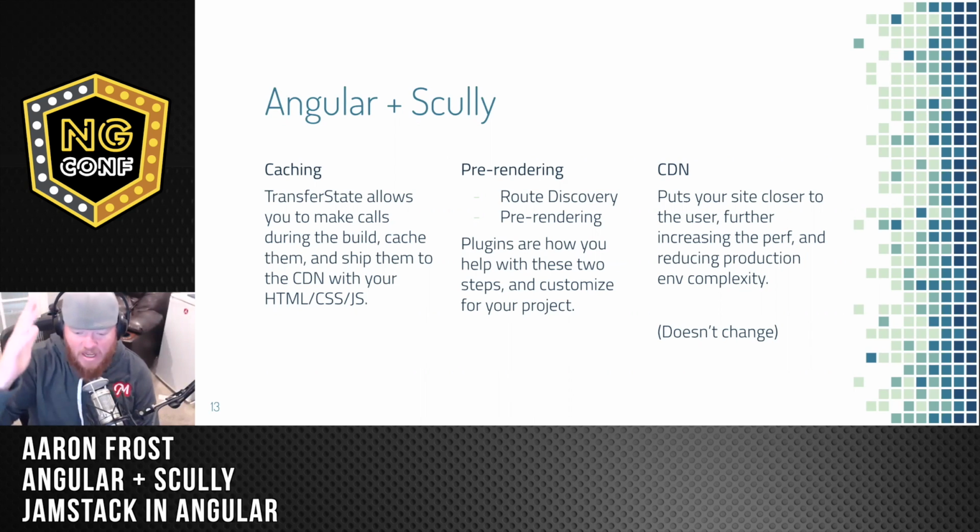Just at build time, make that call and cache it so that everyone gets that cached call. In production, my users aren't talking to my server to get the donuts. They're just part of the release site, and it makes it very simple to ship your data along with your HTML, CSS, and JavaScript assets.